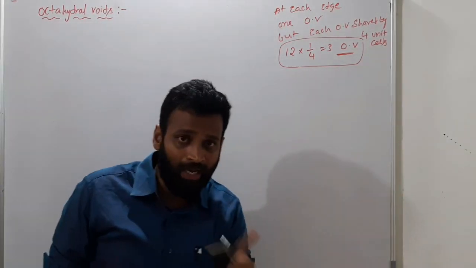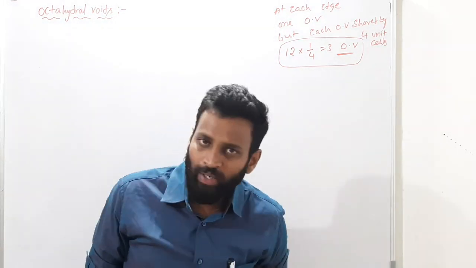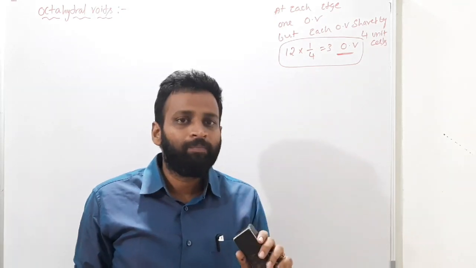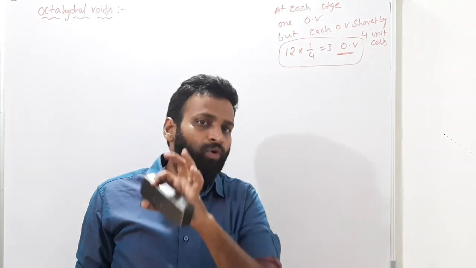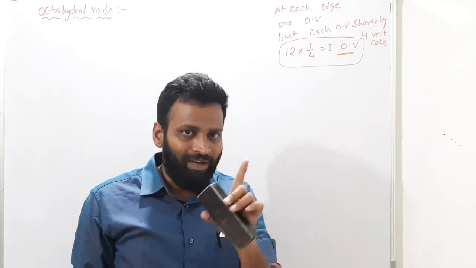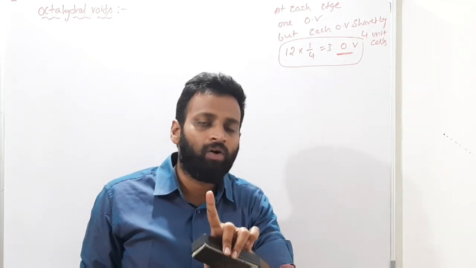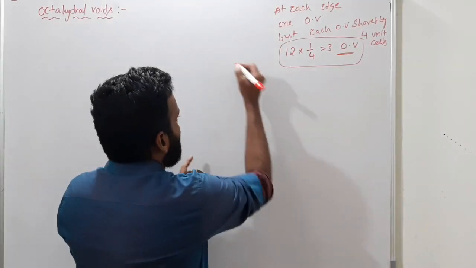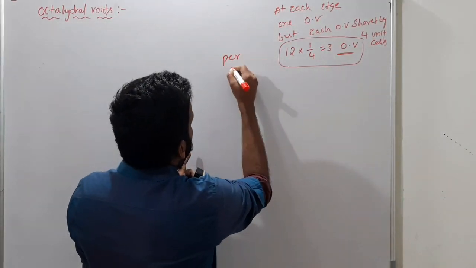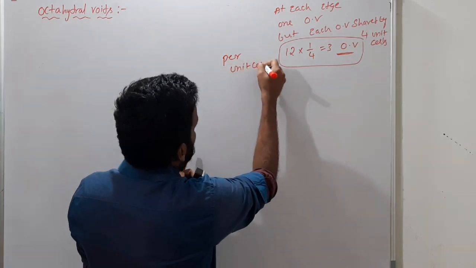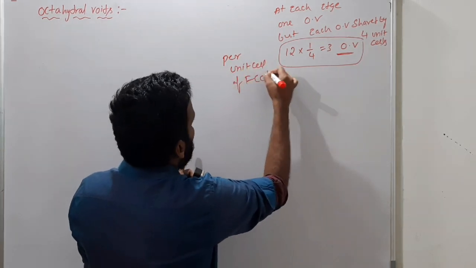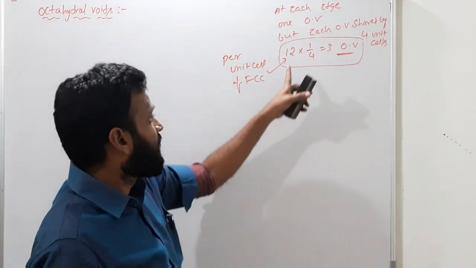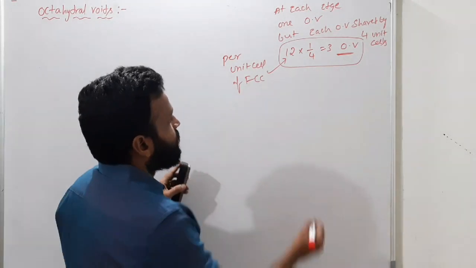So 12 edges you have, listen carefully, 12 edges you have. At every edge you are having one octahedral void, but every edge belongs to 4 unit cells. Therefore every octahedral void belongs to 4 unit cells. So per unit cell of FCC, how many octahedral voids will form? 12 into 1 by 4 is equal to 3.